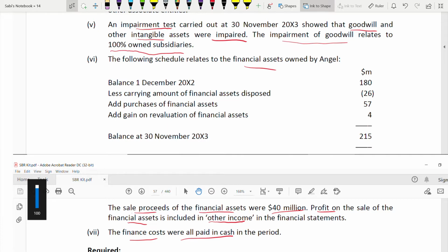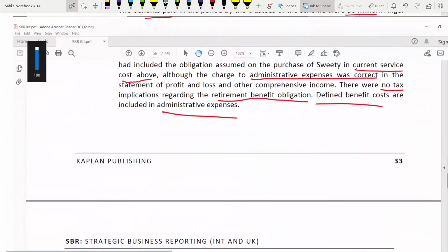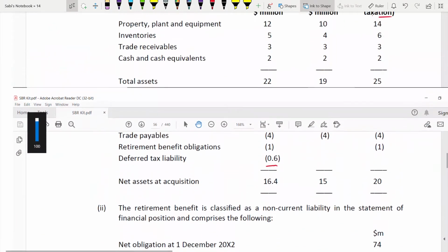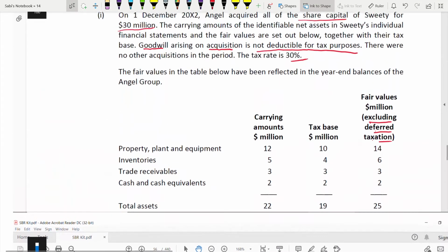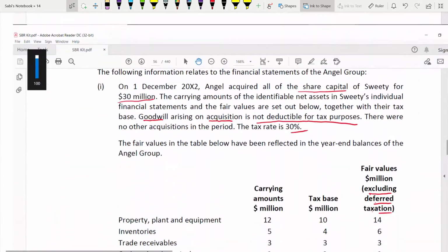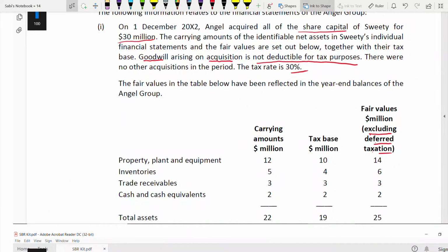In the very beginning they have told you in the tutorial note. So now you start. Usually the points are given for you to adjust your profit before tax and also for the cash flow statement to include. I'm sure most of you might have problems in the deferred tax component.